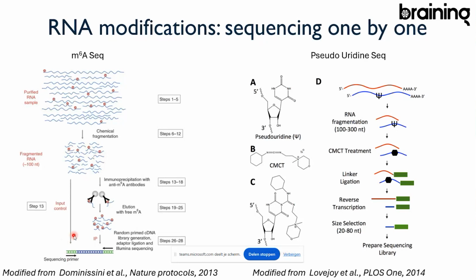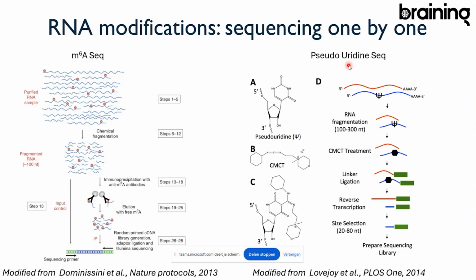And then from the same pool, you will immunoprecipitate the methyladenosine residues with an antibody, and you will sequence just this pool of methyladenosine sequences, right? You put them together and you have an idea about which bases are modified. However, you only looked at the methyladenosine here.